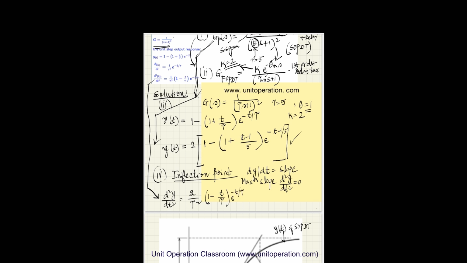That happens when 1 minus t over tau is equal to 0, or t is equal to tau, which is 5.